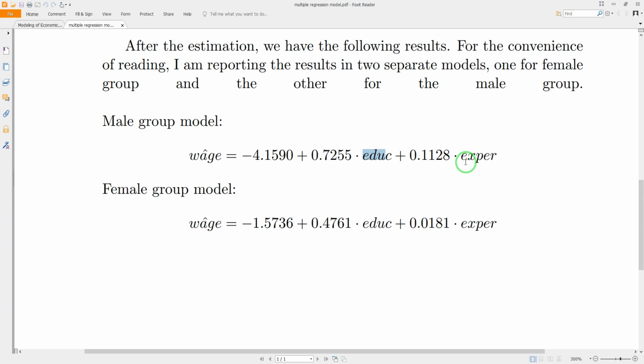The third important observation is what? The gender difference is actually quite significant. Okay, if it's a female going to 1 year of school, it'll only give you 47 cents, but that is 72 cents for the males. Okay, this is not a very good thing. The gender difference is not a good thing. I hope this is not happening to you guys. But this is quite old data back in 1976, so things may be a little different now. Okay, so gender difference is the third very important thing here.